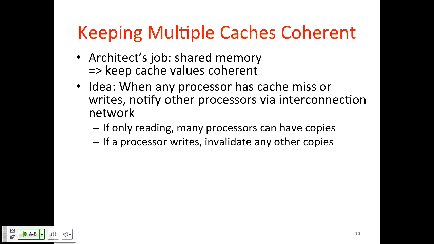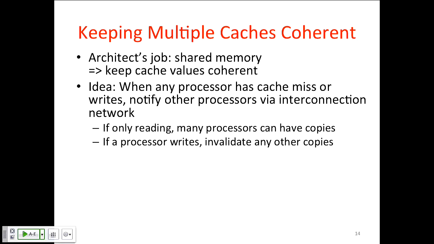And the technique that we use here is a cache coherence protocol. We're only going to touch upon this today. If you want to find out more about coherence protocols, you should take CS 152. We'll cover them in a lot of detail. But the general strategy is when a processor writes a memory location, it goes across the interconnect bus and tells all the other caches, hey, I'm going to write this address.